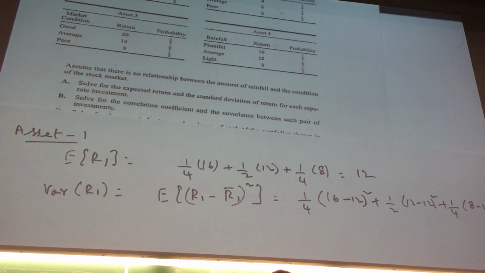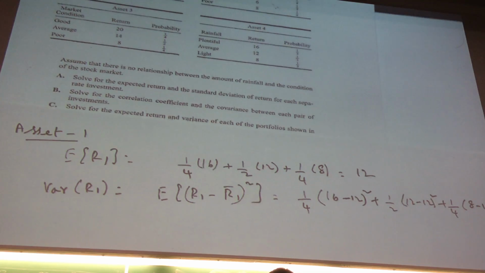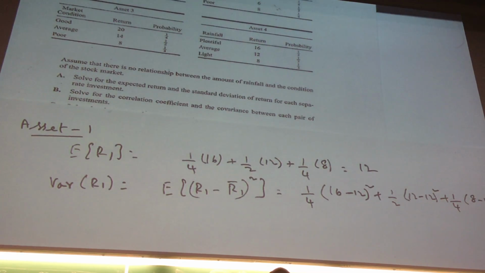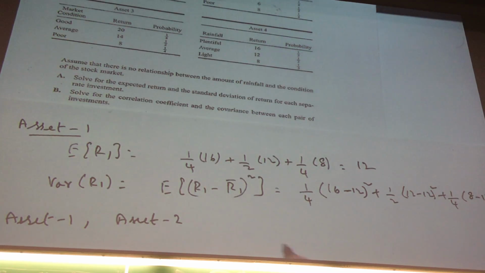Second one. Solve the correlation coefficient and covariance between each pair of investments. Each pair of investments. How to find the correlation coefficient? If I take asset 1, asset 2, how to find sigma 1,2?